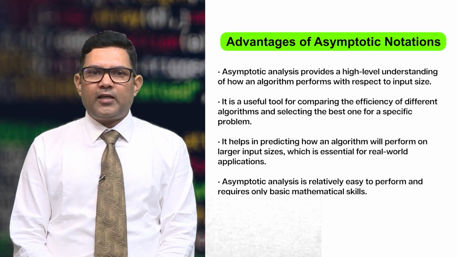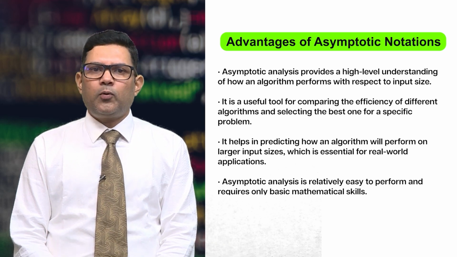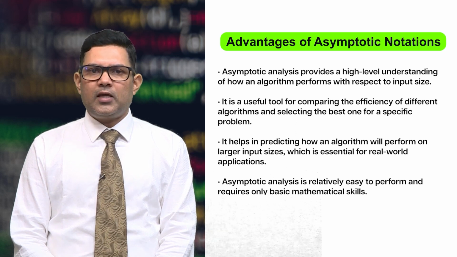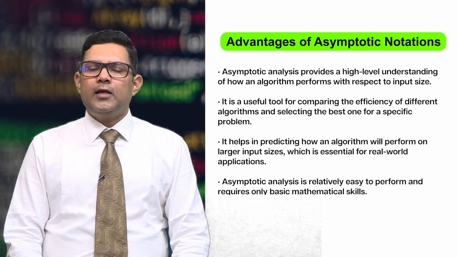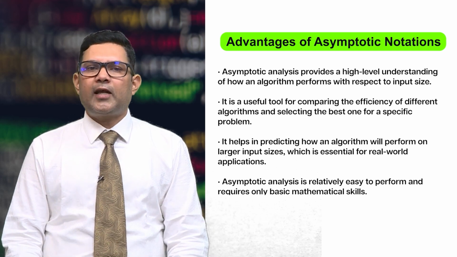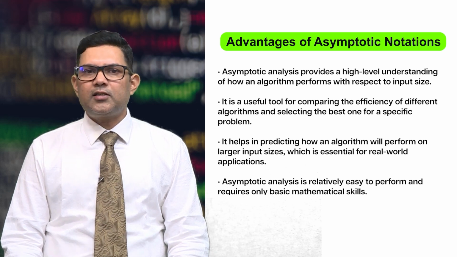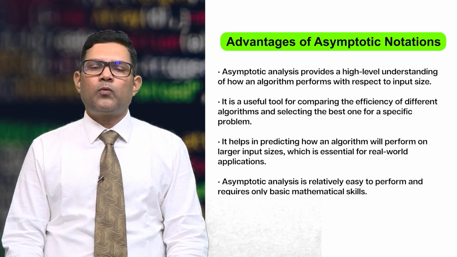The second advantage is that it is a useful tool for comparing the efficiency of different algorithms and selecting the best one for a specific problem. So whenever we are going to select the best algorithm from a set of algorithms, we will use asymptotic notations so that we can pick the best one from the given set.